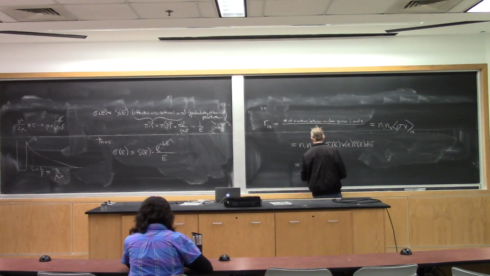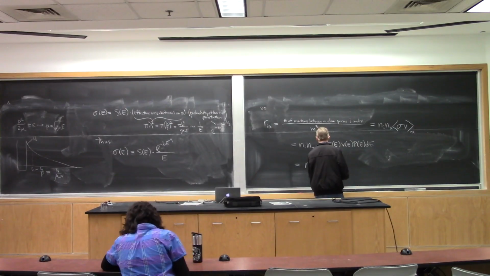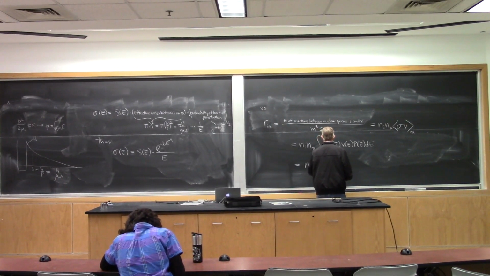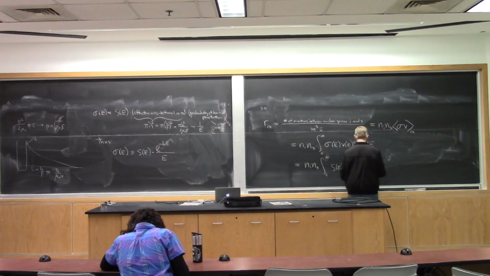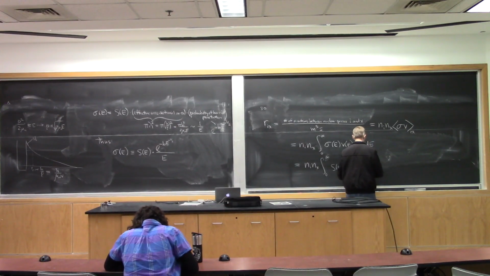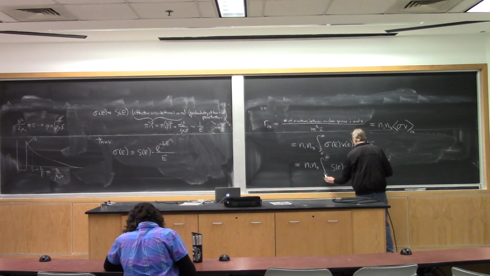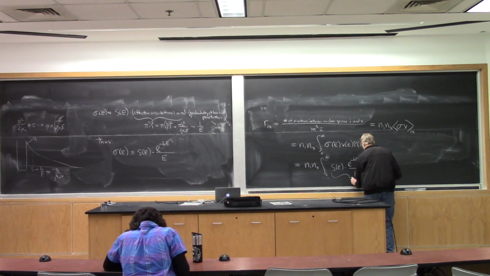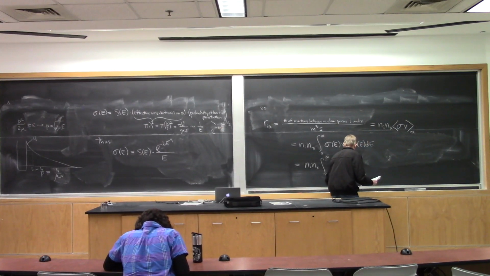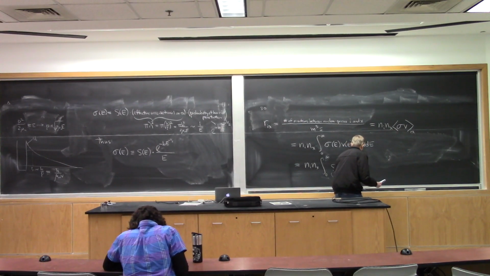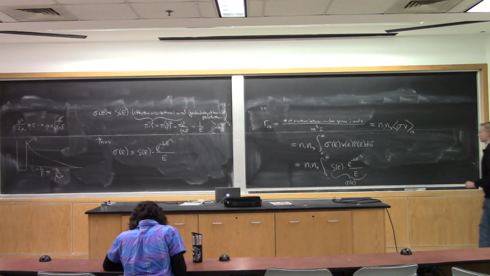This is N_I N_X, integral from 0 to infinity, integrate over all energies of S of E times e to the minus b over the square root of E, e to the minus E over kT. So all of this stuff, this term is the fusion cross-section as a function of energy.